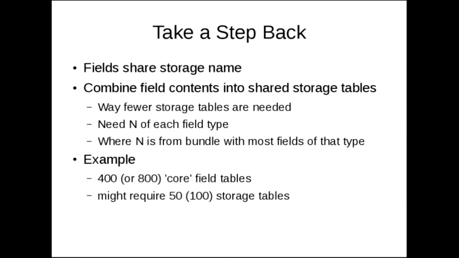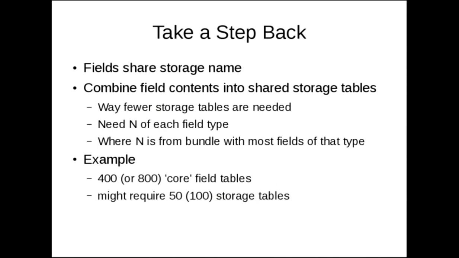So what we can do right here is end up with a lot fewer tables. I use this example because it's probably similar to a site I've got right now. We've got 800 tables when you consider both the data and the revision tables. You can squish this down to 50 or maybe even less. Because what I said here was that you need n of each field type, where n is the bundle that has the most of that field type.